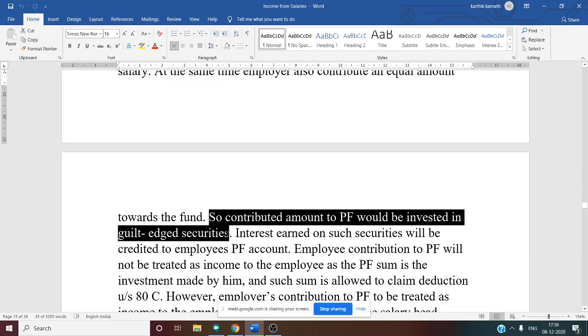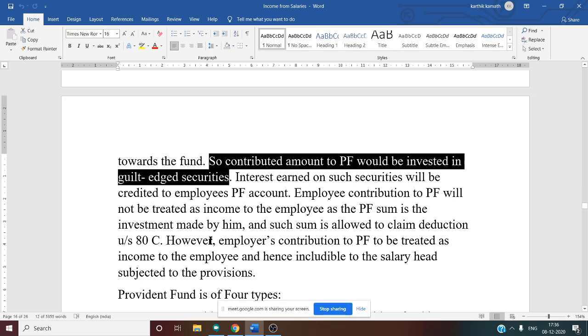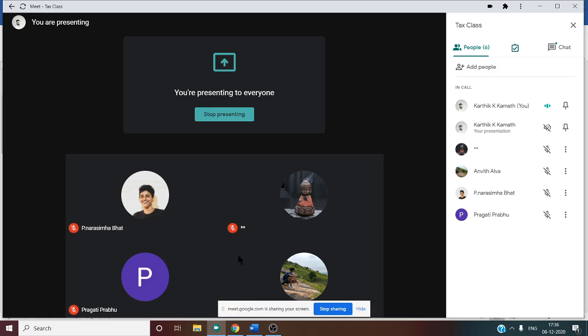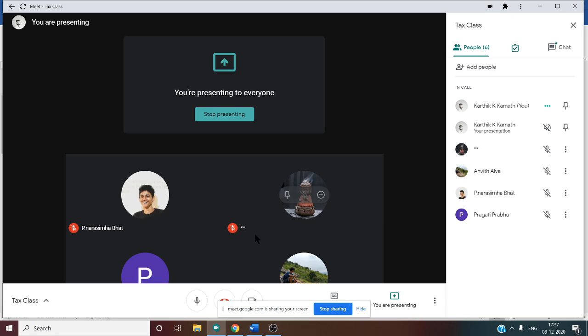So where does this amount go? This contributed amount to the PF would be invested in gilt-edged securities. What do you mean by gilt-edged securities? Can you tell me now?